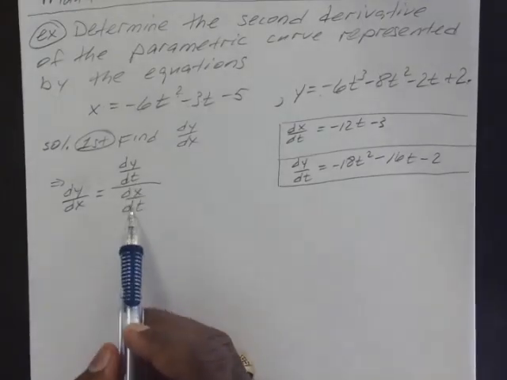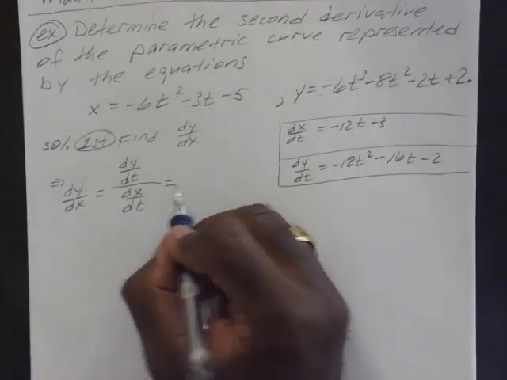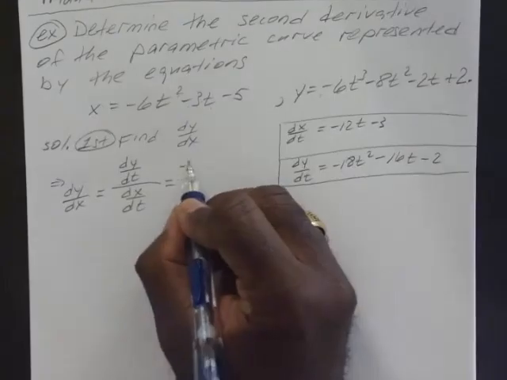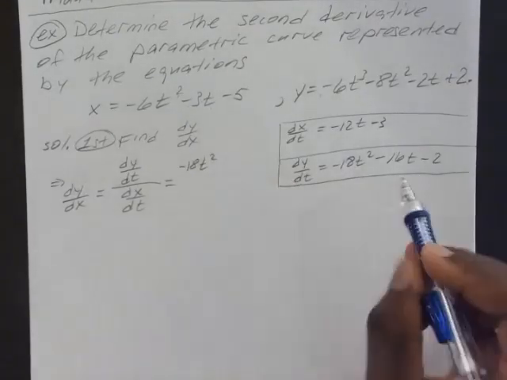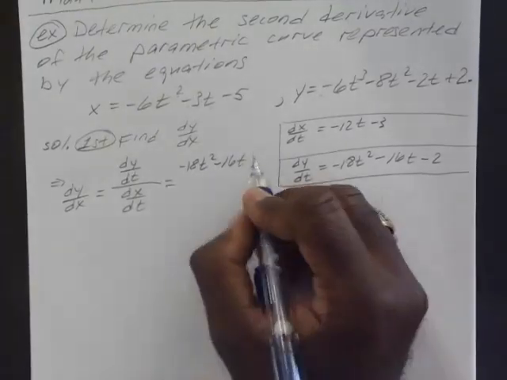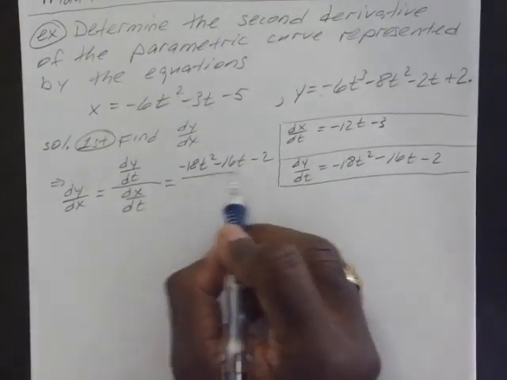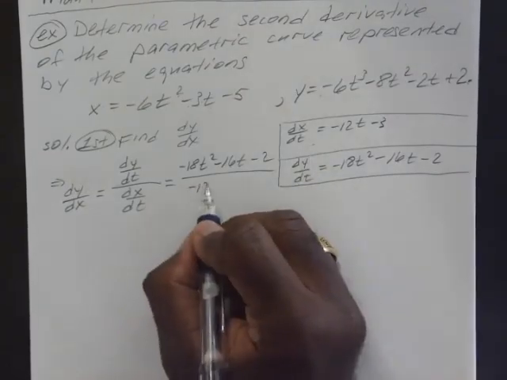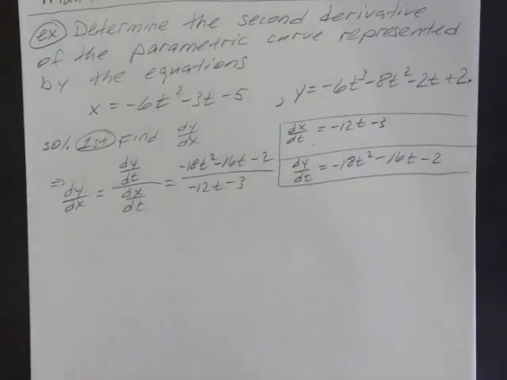So dy dt over dx dt is just negative 18t squared minus 16t minus 2 divided by your dx dt, which is negative 12t minus 3.